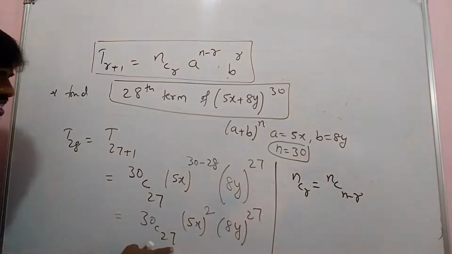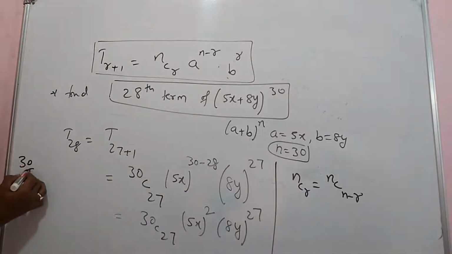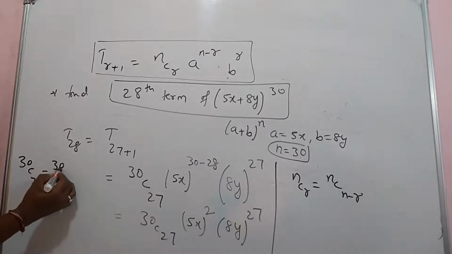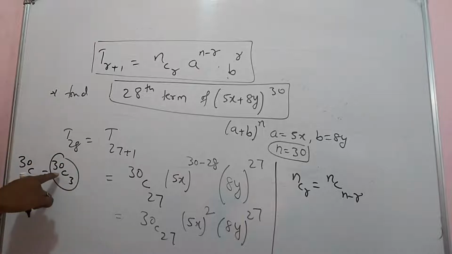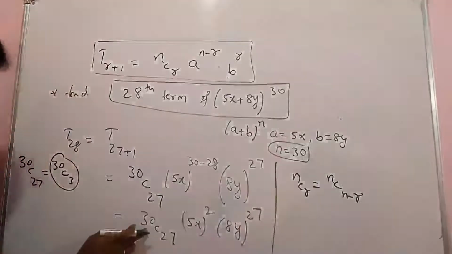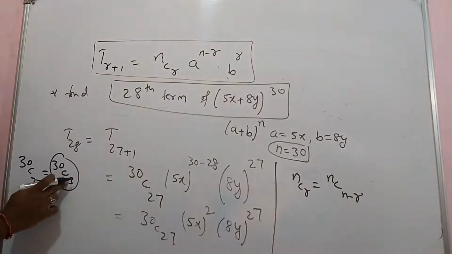So 30C27 will be equal to 30C(30 minus 27), that is 30C3. Means I can find 30C27 using 30C3.